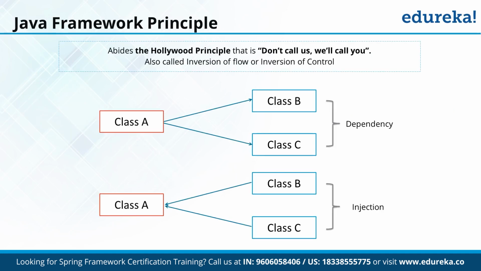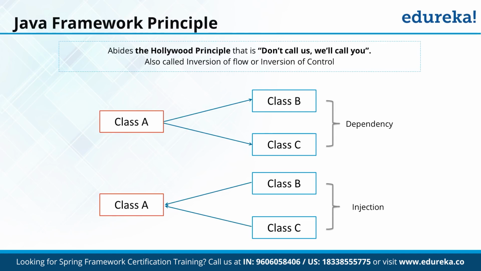All right, so what is the Java framework principle all about? It abides by the Hollywood principle: don't call us, we will call you. It's basically inversion of control that we are talking about. What does this key principle state? Traditionally, you write a class and then you create an object.